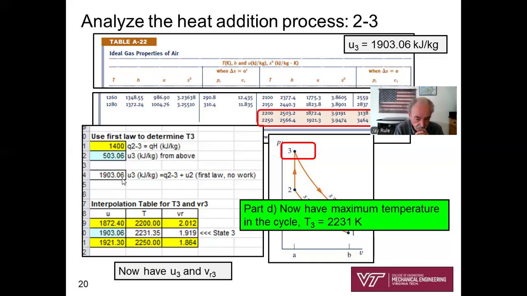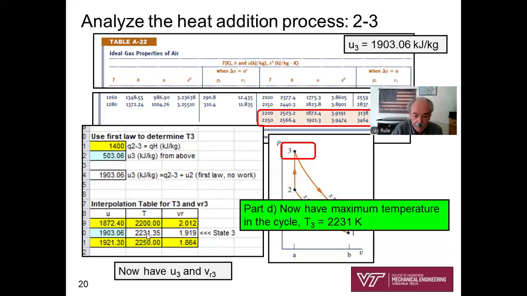So what? I've got to go back to table A22 and start shopping in my internal energy column for 1903. And darn it, I don't see 1903, but I do see numbers that straddle it. So I'm going to set up my interpolation table for U3. I wrote those yellow numbers down that are given. Here's my value for U. And what am I interested in? I'm asked to find T max, so I better write down the temperatures, 2200, 2250.